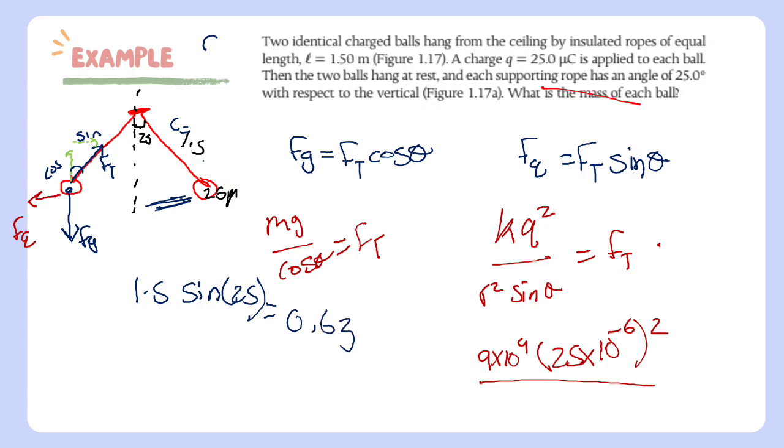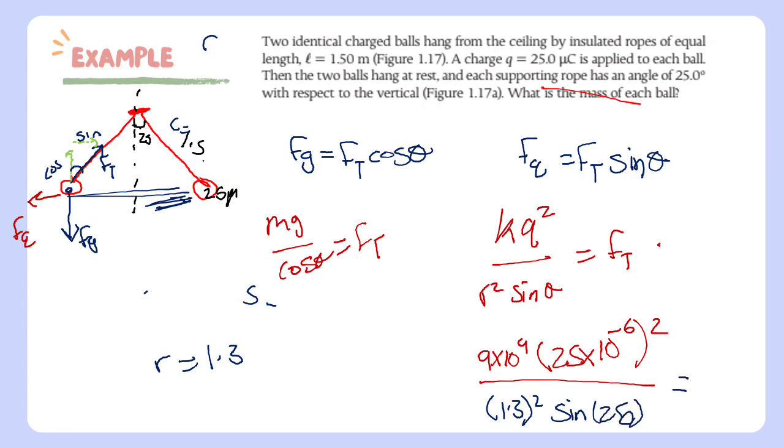Then I will times it by 2 because I want the total R, which would give me 1.3. So this is R. So R is 1.3 squared sine 25. This is this. And that would give us 9 times 25 times negative.